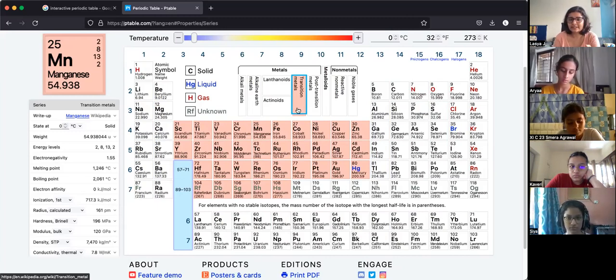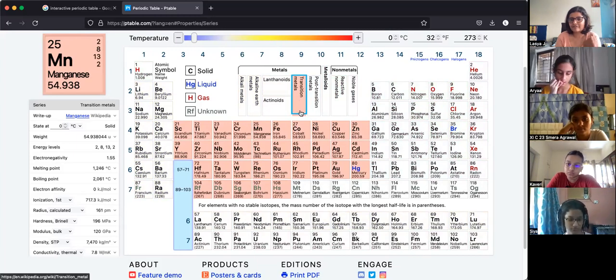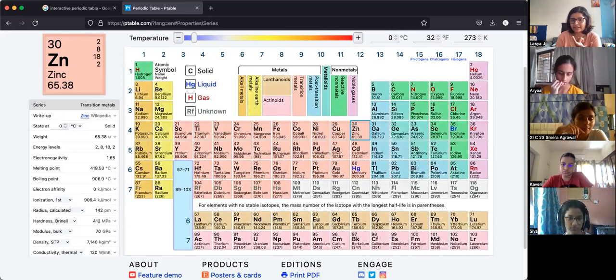So the exceptions, the elements that belong to D block but do not come under transition metals, like this is something I discussed yesterday also, right? The elements that have completely filled d orbital, which is right at the end: zinc, cadmium, and mercury.